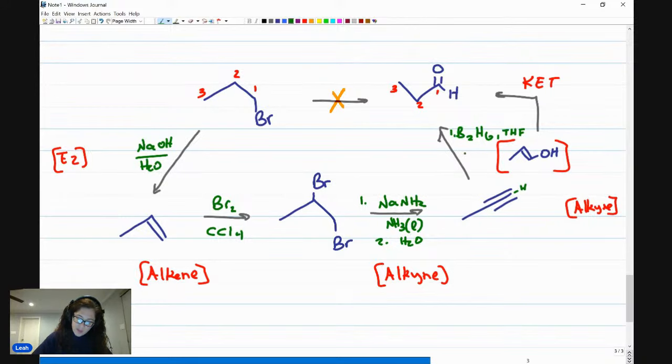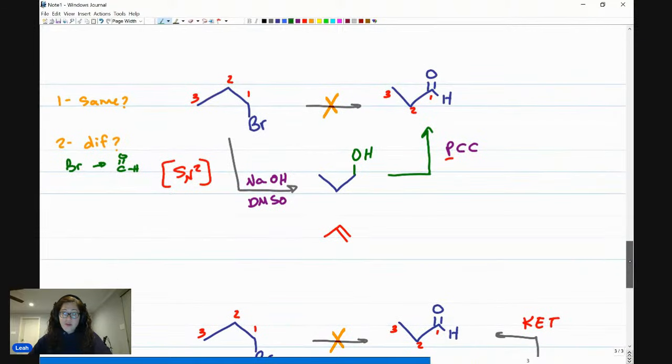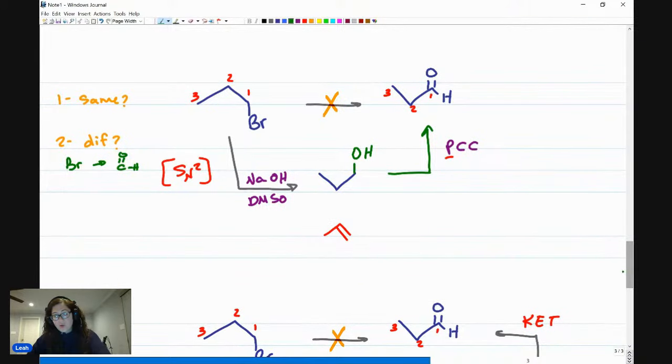That is step 1. Step 2, kind of running out of space here, but NaOH and H2O2. That will give me this, which will immediately tautomerize to the aldehyde, and that's how I get the final product. Same exact outcome, very, very different reaction. If you don't know one method, you just go to the other.